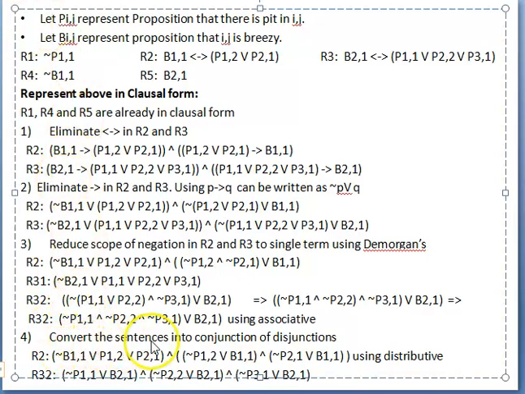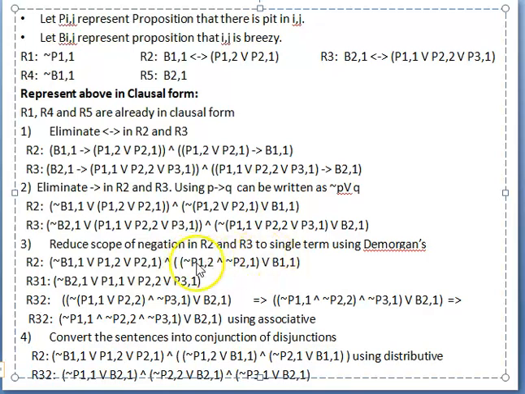Then we have to convert the sentences into conjunction of disjunctions. So for R2 we can see here all the statements have a disjunction, then a conjunction connecting the other clause which has a disjunction, then a conjunction which has the disjunction. How have we arrived at this?